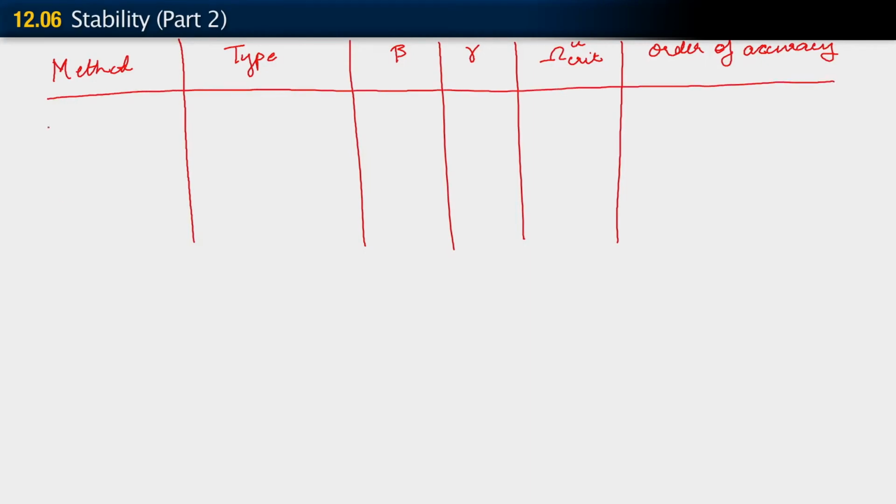So the methods we are going to consider are the following. The first one is what is sometimes called the trapezoidal rule. We'll consider 4 methods.